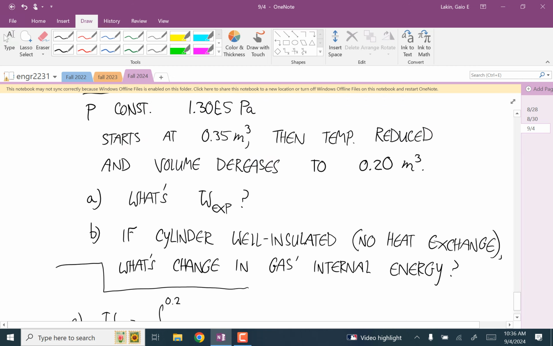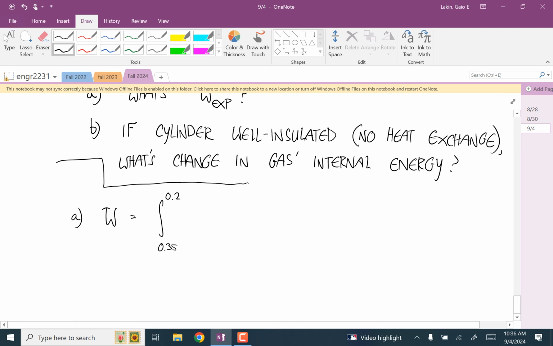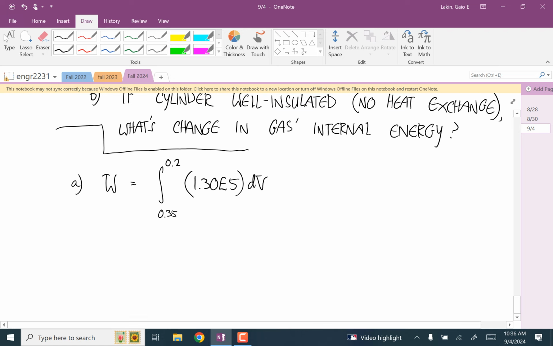The pressure in this case is constant at 1.30 times 10 to the 5. And that's the pressure of the gas inside? That's right. Yep, that's the pressure in your chosen system.